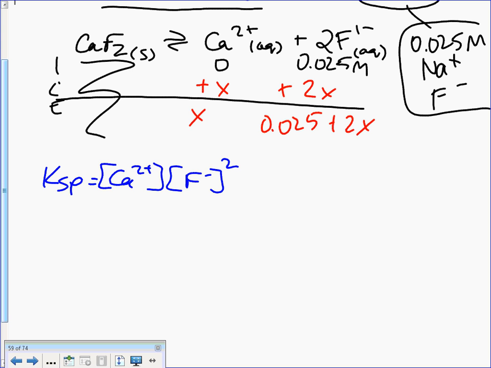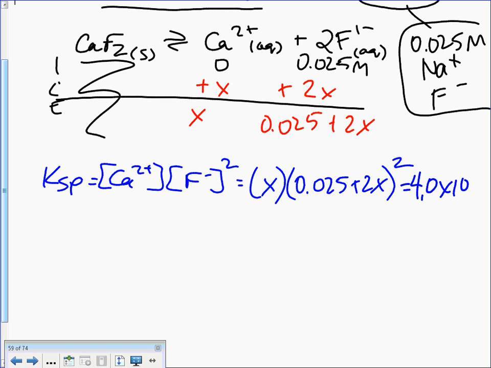Okay, and then what am I plugging in? x and don't forget about the common ion, 0.025 plus 2x squared. And this KSP value is given to us as 4.0 times 10 to the negative 11.